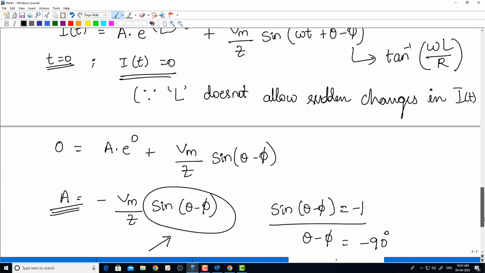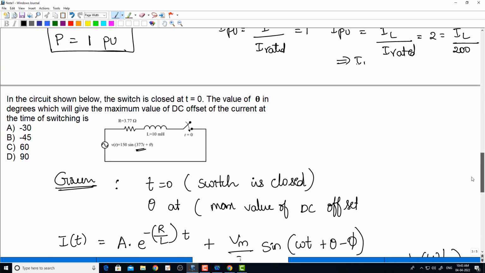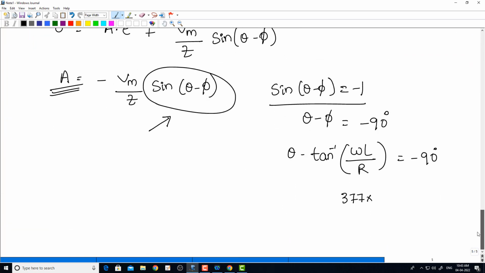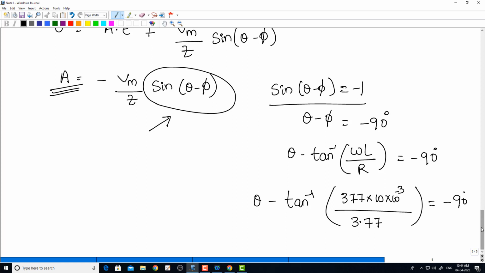So we will substitute 377 into L value, which is 10 millihenry, 10 into 10 to the power of minus 3 divided by R, which is 3.77 ohms.